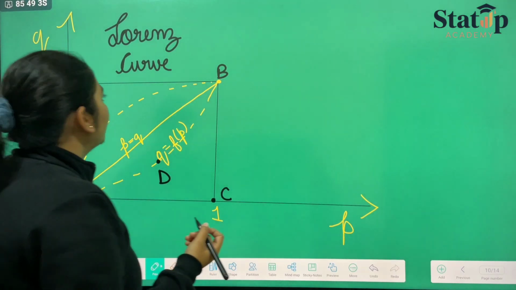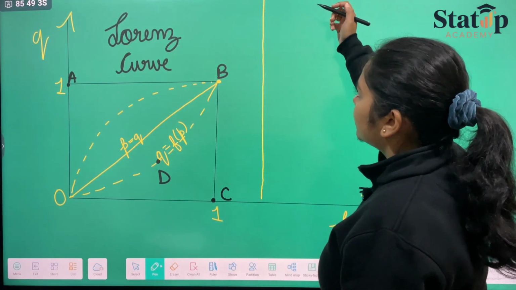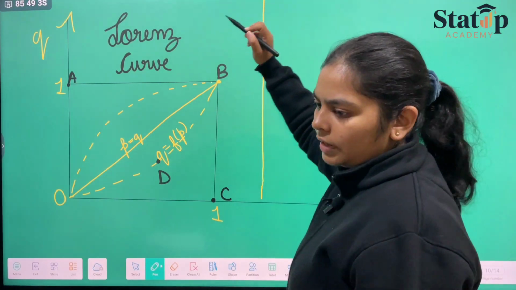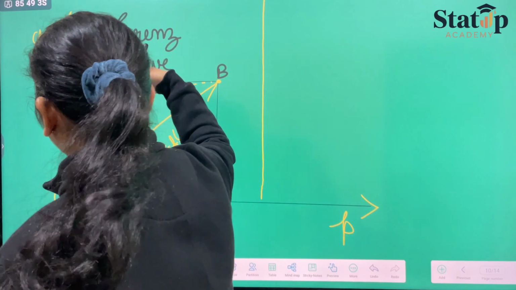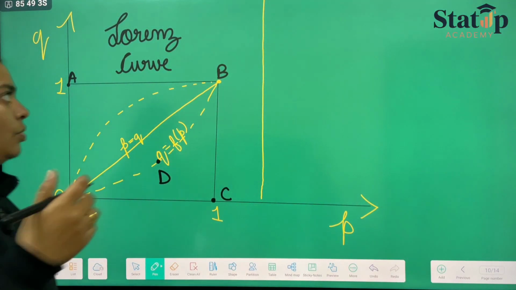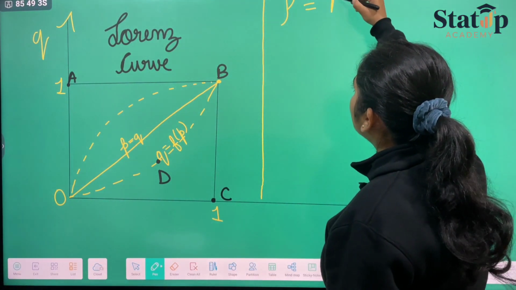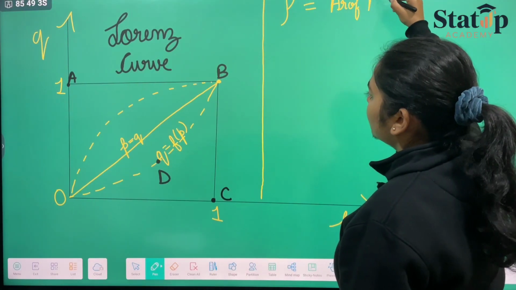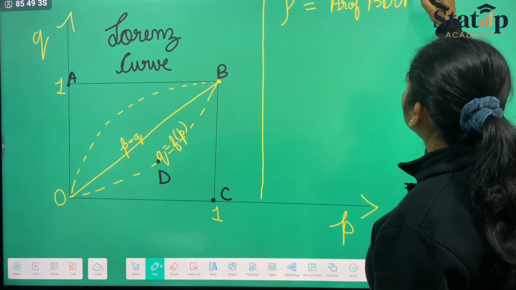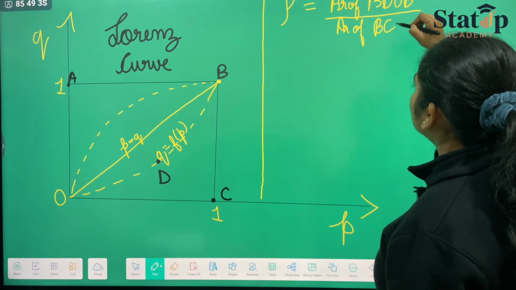Yeah. And so the derivation of this Lorentz curve is very simple actually. In the Lorentz curve we represent a concentration ratio. The concentration ratio is given by rho here, and that can be written as the area of the curve BDOB upon the area of the triangle BCO.